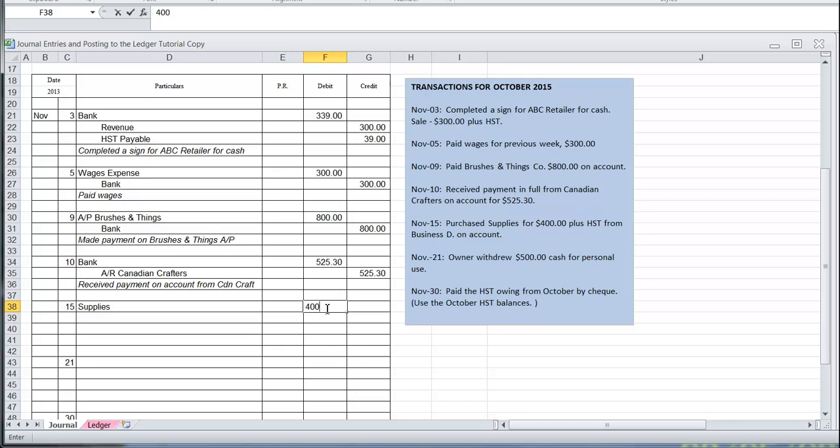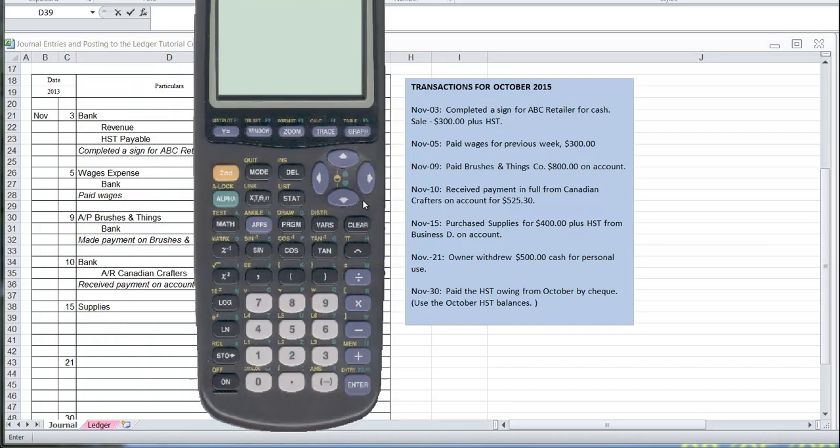Now, when we buy the supplies for $400, we are going to have to pay tax on them. It says plus HST. So this would be an example of an HST receivable. We're going to pay tax, and actually let's find what the tax amount would be now. It's $400.